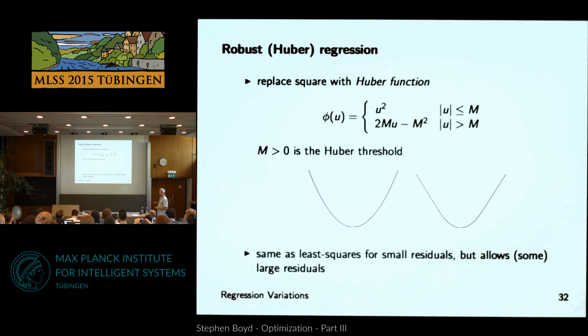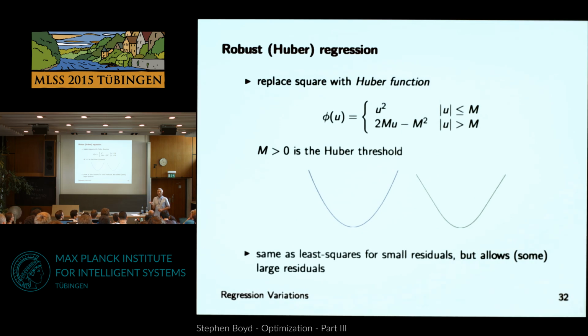So let me explain what it is. It's a function, it's convex. It's a function that looks like least squares for small residuals, but if you have a big residual, the cost is linear. And if you think carefully about what that means, it means this. I'm going to anthropomorphize model fitting. Basically the square function is telling you how irritated you are for a given residual value.